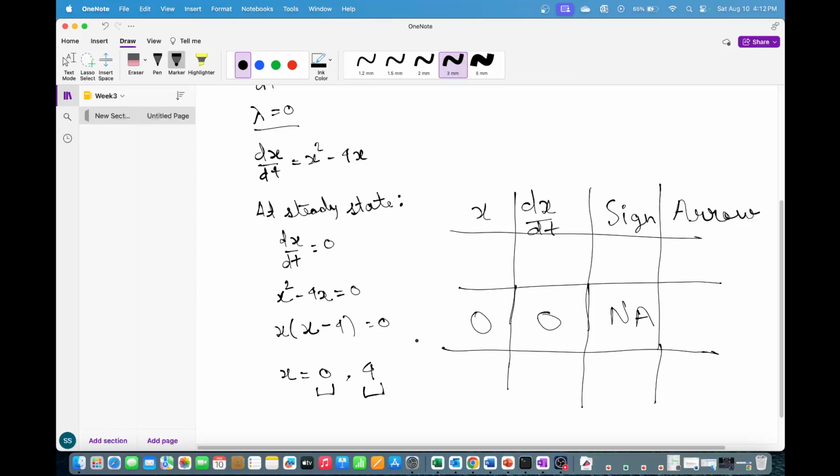Now let's take a slightly higher value than 0. Let's take x equal to 1. If you substitute x equal to 1 into x square minus 4x, it becomes minus 3.